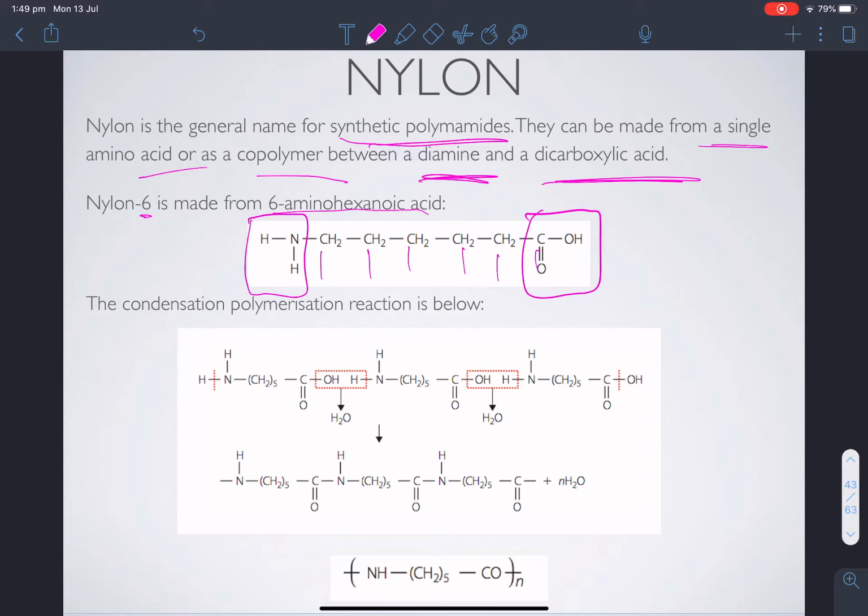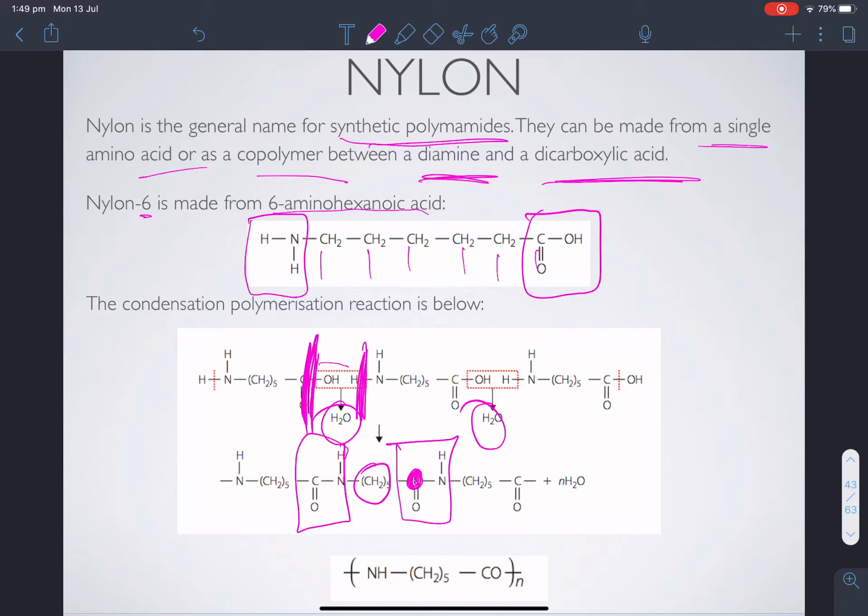So it's a condensation reaction where you get your carbonyl carbon breaking with the next oxygen and one of the NH bonds. Condensation coming out, and you get a polyamide, an amide group, and look at this, it has CH2 5 times in between, and then the 6th carbon is the carbonyl carbon, okay?